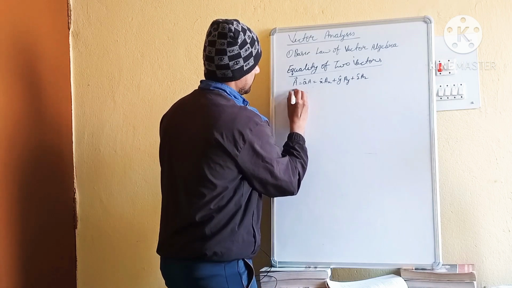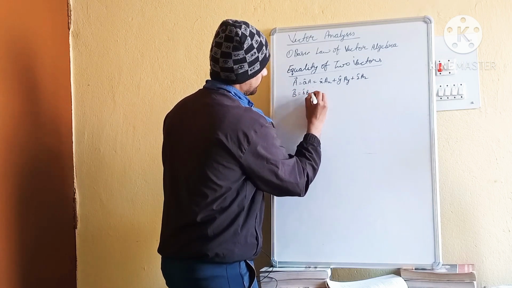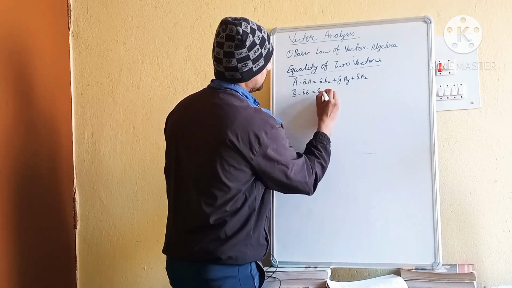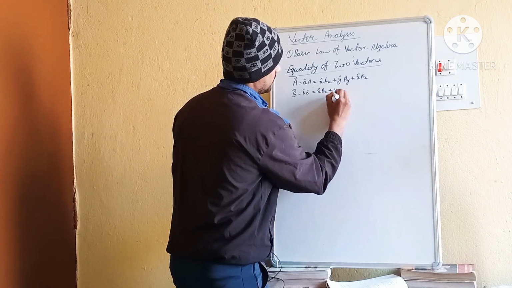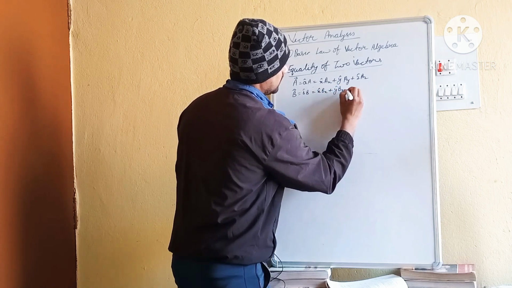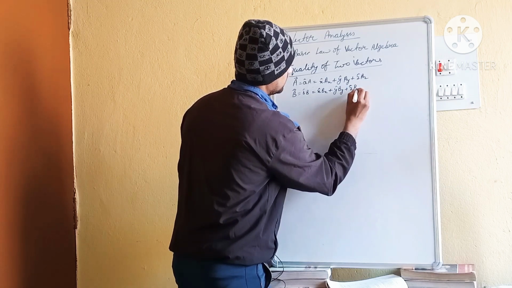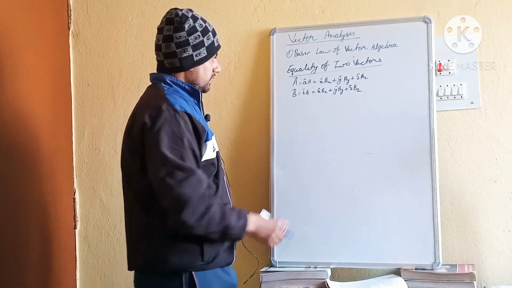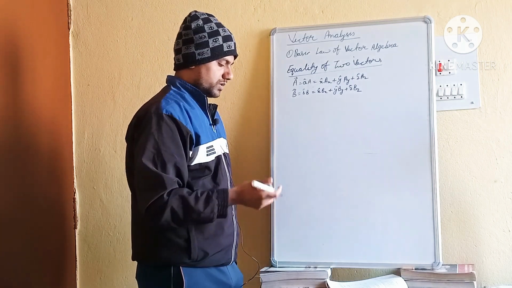In the same way, we have the second vector, which we can write in a similar way: x cap bx, then y cap by, and then z cap bz. These two vectors will be equal if the components of these two vectors are equal.